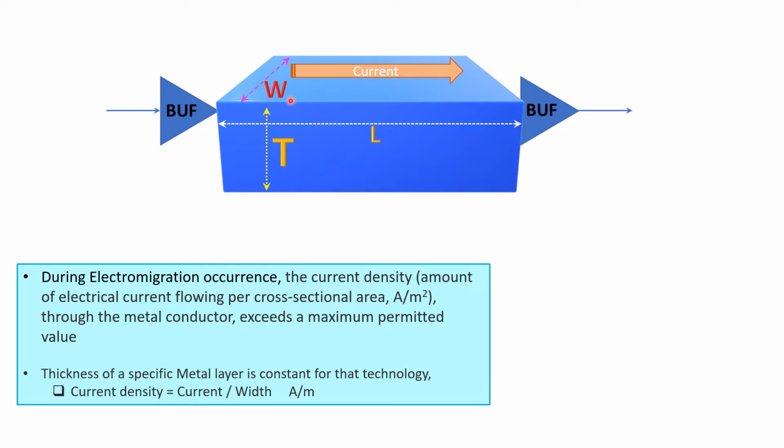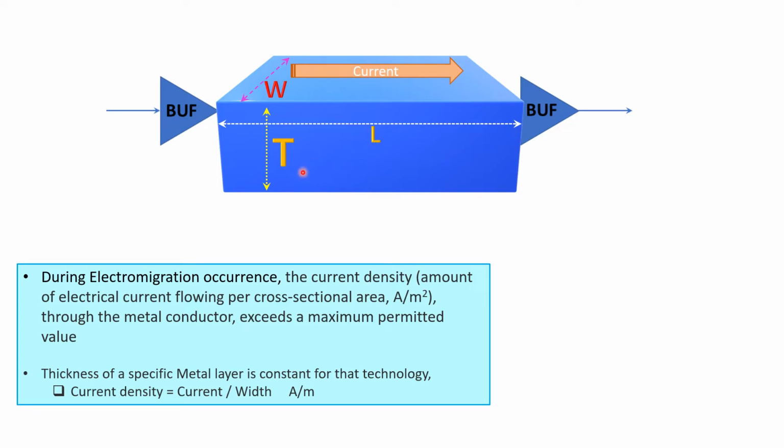When you figure out the current density going through and what is allowed for this metallic conductor, if the current density crosses the limit of that conductor, then electromigration will take place.